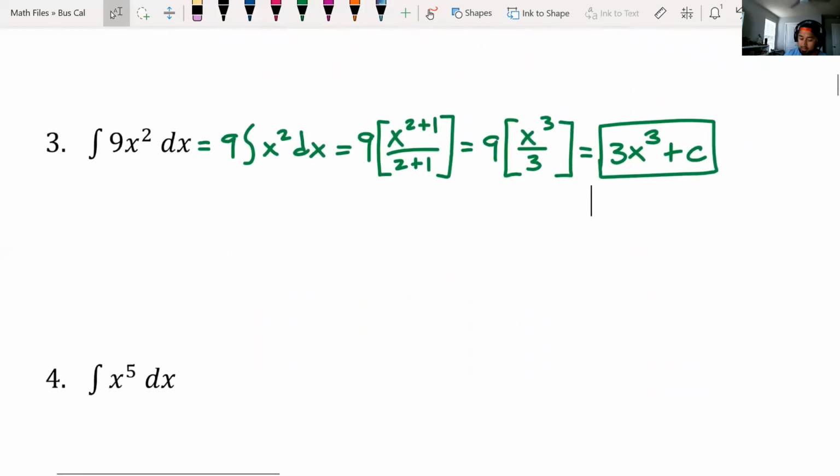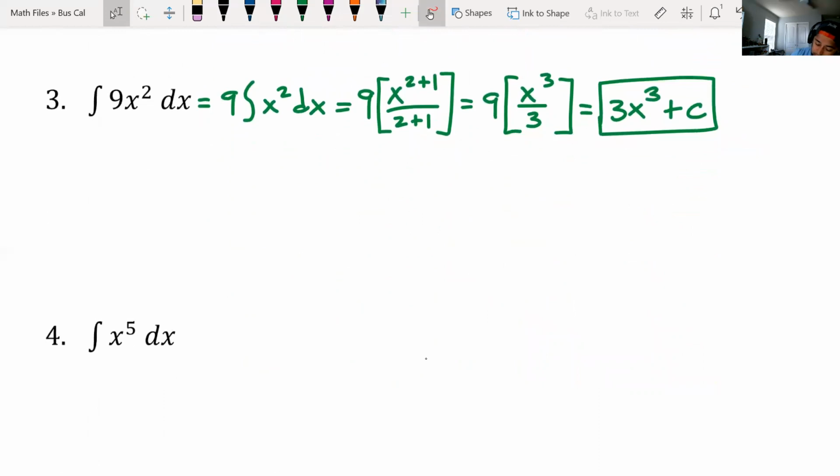Cool. All right. Not bad, right? For now. All right. Number 4. This just says find the integral of x to the 5th. So again, we use the power rule. So you'll have x to the 5 plus 1 over 5 plus 1.